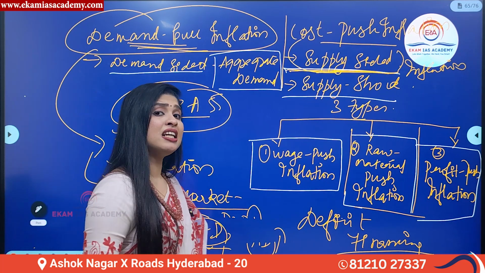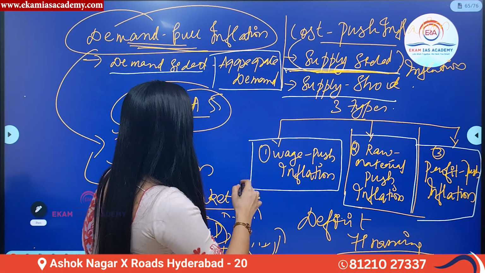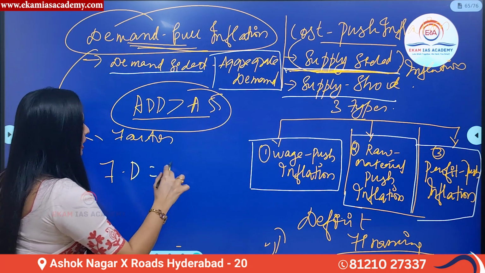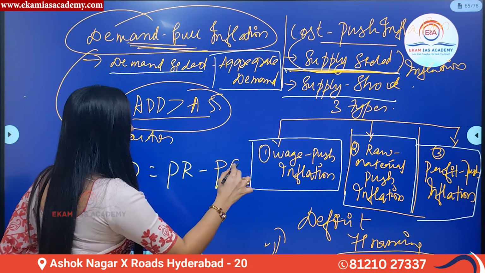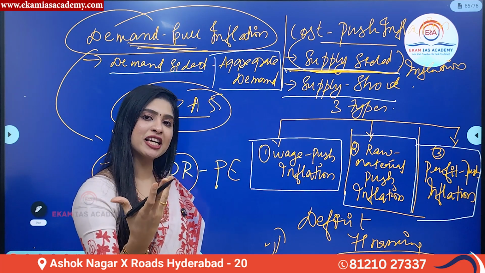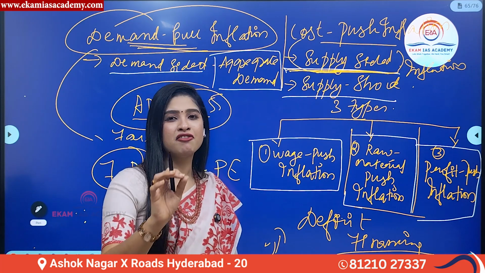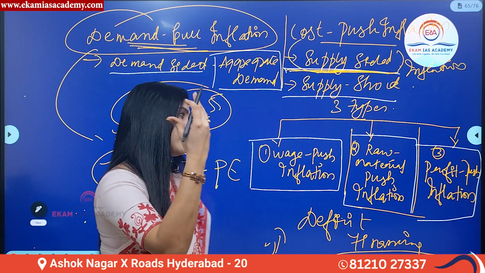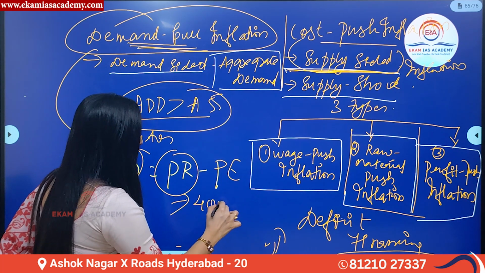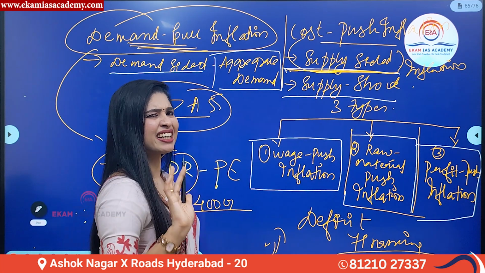So now, fiscal deficit is what? Public revenue minus public expenditure. PR minus PE, which means that when the public revenue falls short of public expenditure, it is called fiscal deficit. For example, the government received 400 crores via taxation, direct and indirect taxes.